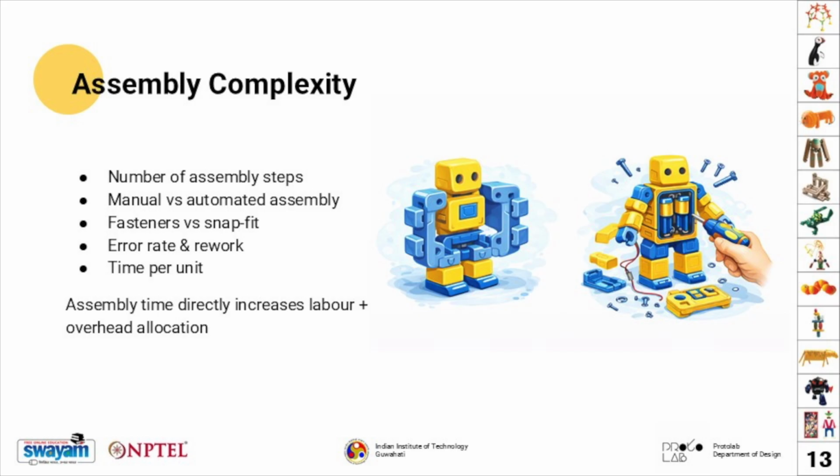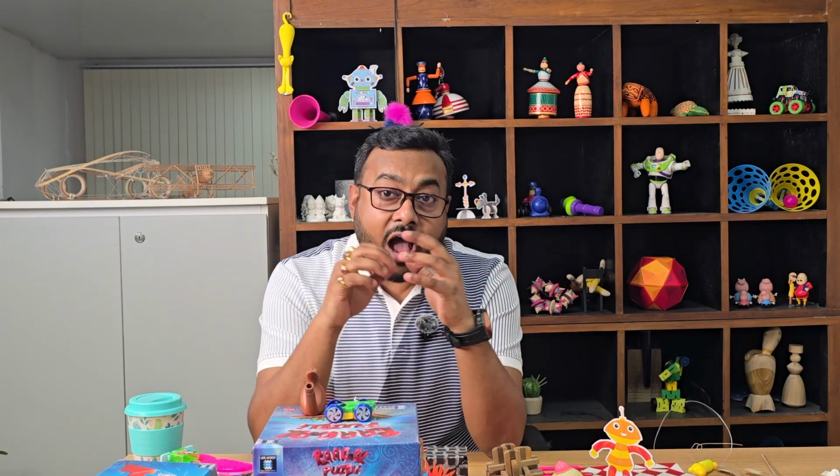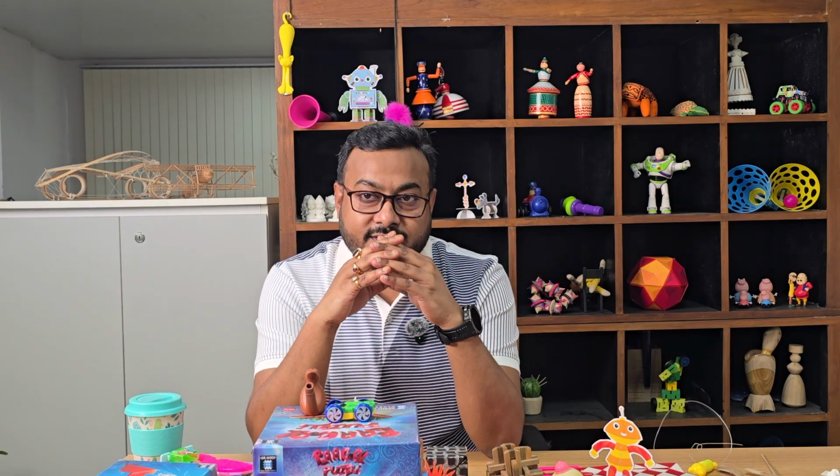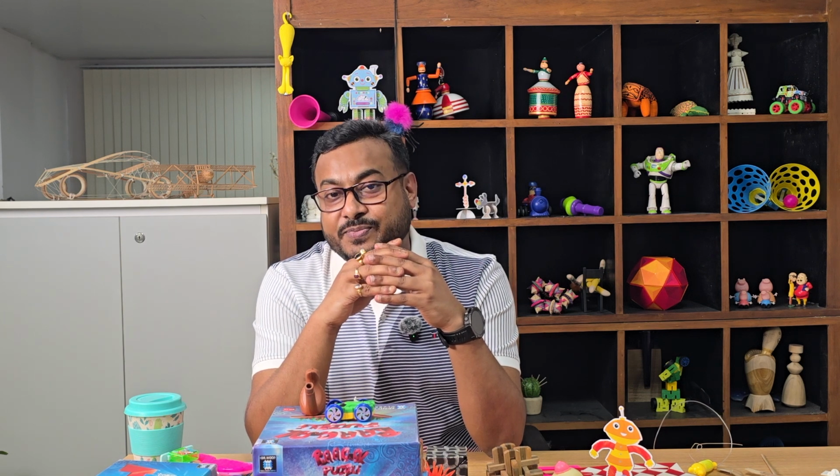Assembly complexity is therefore not just about how many parts exist. It is about how long it takes to transform those parts into a finished toy, how often errors occur, and how much factory infrastructure must support the process.